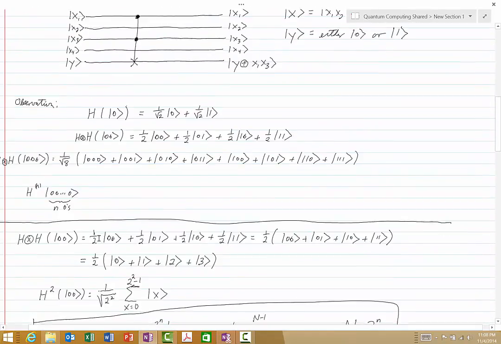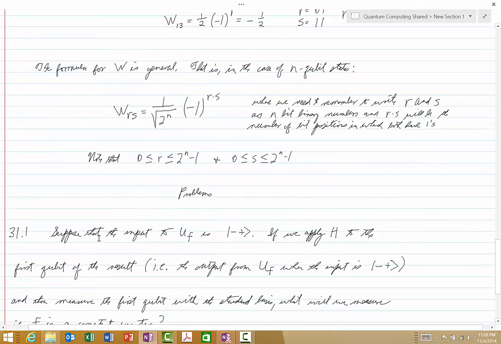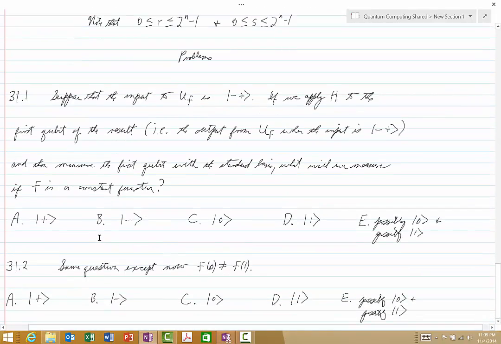So these first two questions regard another possibility, another state that is a superposition of all four, and that is minus plus. The question here is simply, if minus plus is the input to the unitary transformation, and then we apply H to the first qubit of the result, then if you measure the first qubit with the standard basis, would this work?